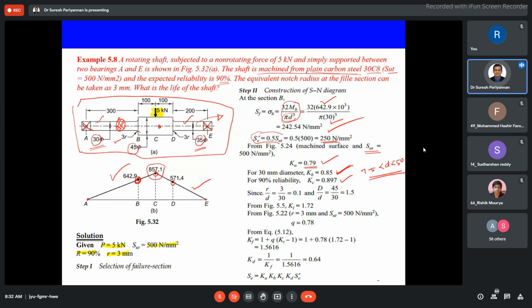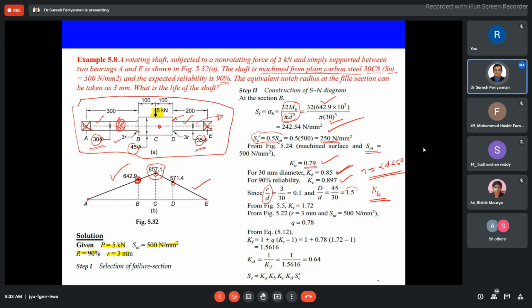And here this is a circular shaft with the fillet. Then we should know the r by D ratio. Then we are able to get the theoretical stress concentration factor Kt. We need that, hence we need this dimension r by D. r by D is equal to 0.1, and capital D by small d is this dimension 45 divided by 30.